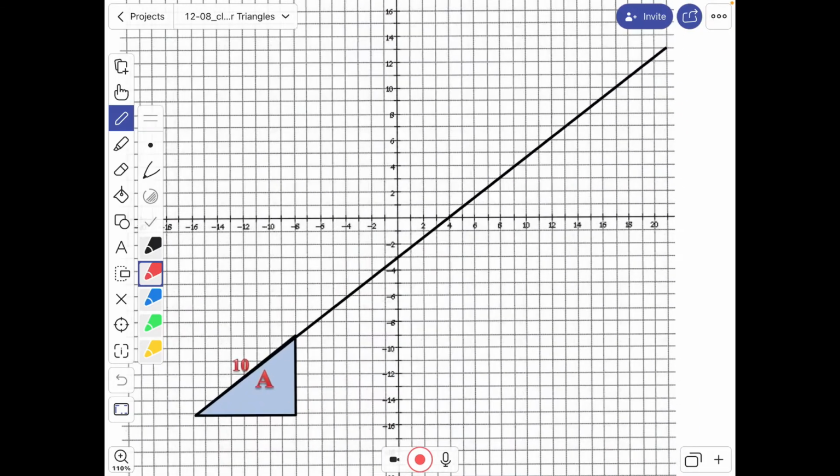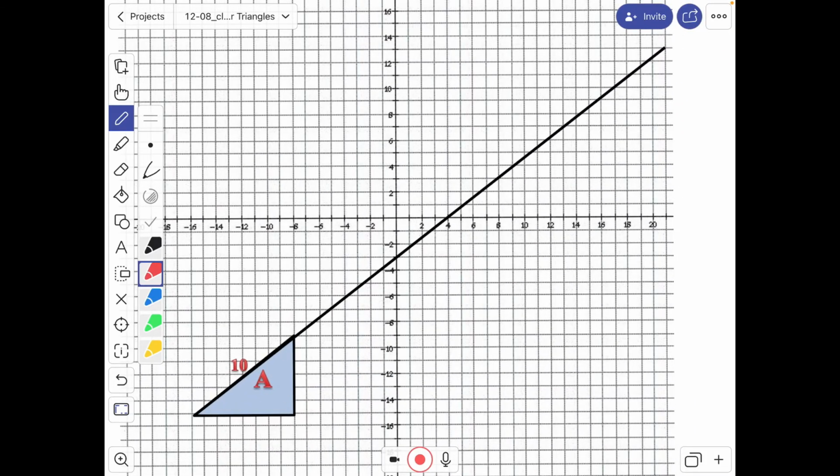I don't know if you have the notes with the triangles already drawn, but I'm going to draw some because mine does not have it. This will be triangle B, and this is going to be triangle C. All of those triangles are on the same line.